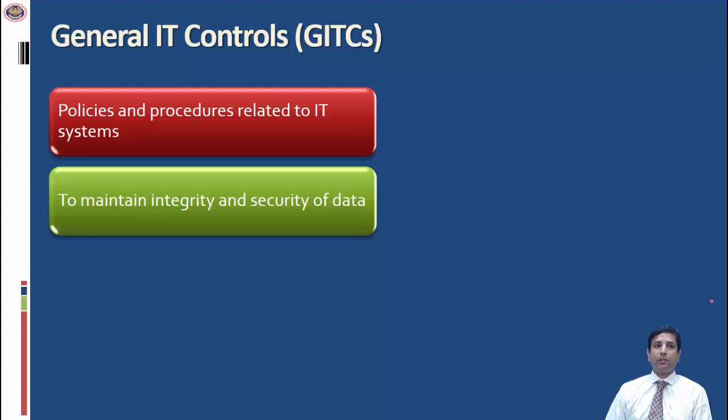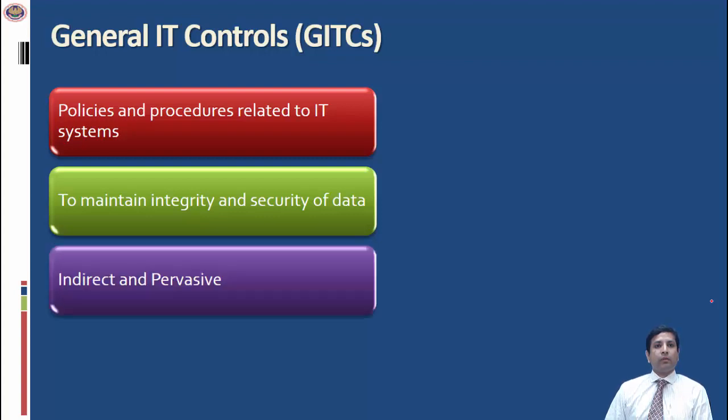These policies and procedures are required for the maintenance of integrity and security of data within the ERP system and any other IT system that the company may be using. The general IT controls are also known to be indirect controls or pervasive controls.